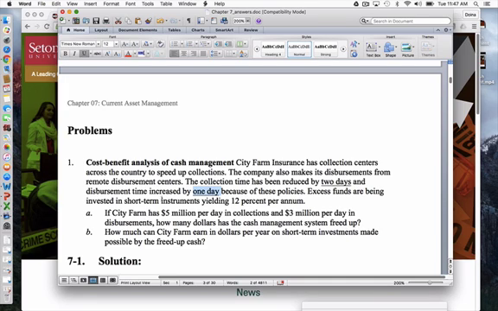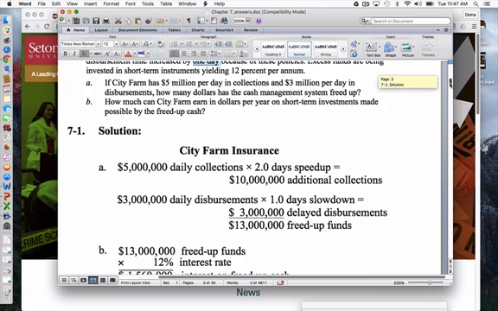So it's going to be 2 times 5, 10, plus 1 times 3. That's going to be 13 million cash. See? Here. Daily collections times number of days, 10 million. Daily disbursement times number of days, 3 million.